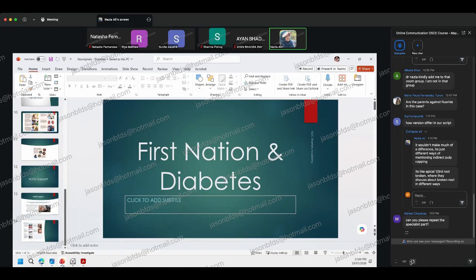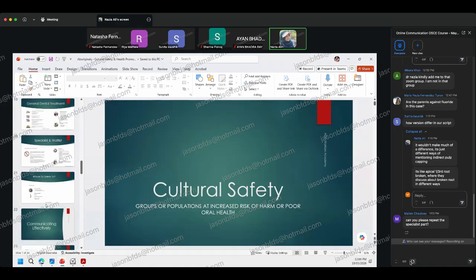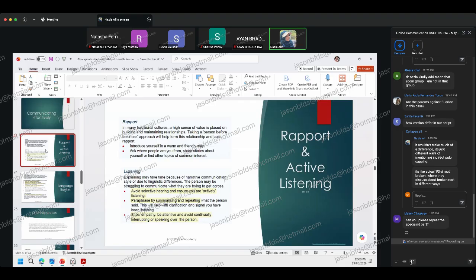I think I had a slide here if I can find it. So yes, this is from Queensland. Again, I want you to find any article or research about First Nations people and what challenges they have. We're talking about bridging the gap. These communities have strong ties.